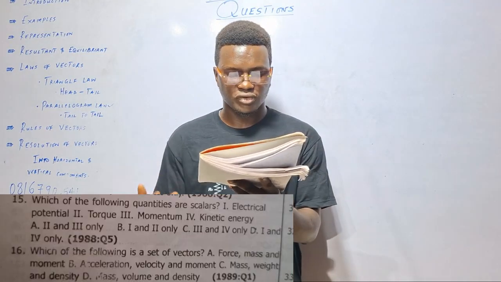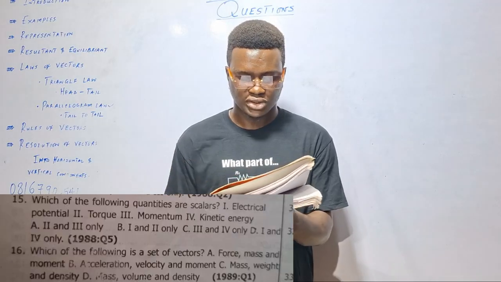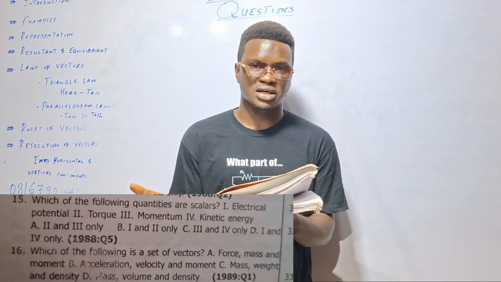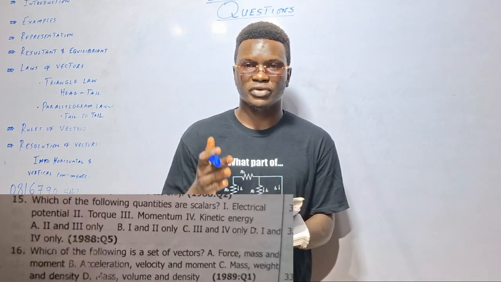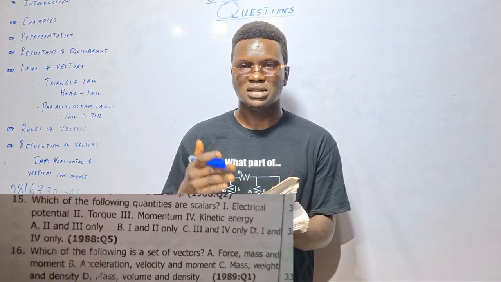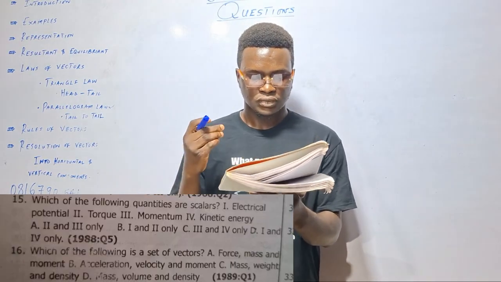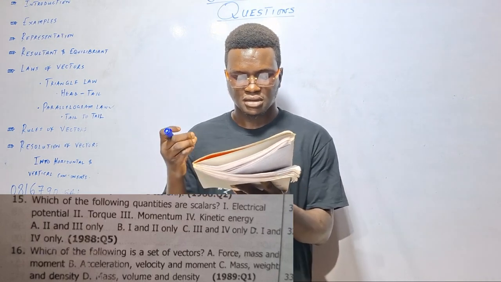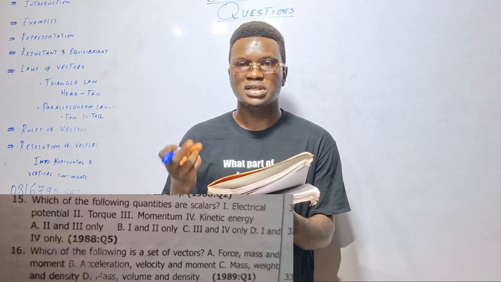Number 16, which of the following is a set of vectors? A, force, mass, momentum. The moment you see mass there, you already know that's wrong. They're asking for a set of vectors, but mass is a scalar quantity. B, acceleration, velocity, and moment.